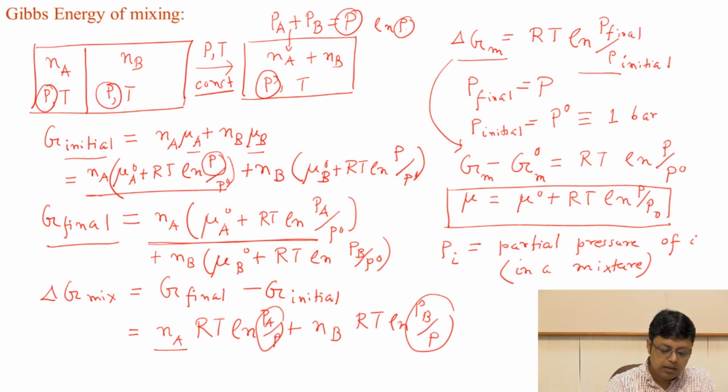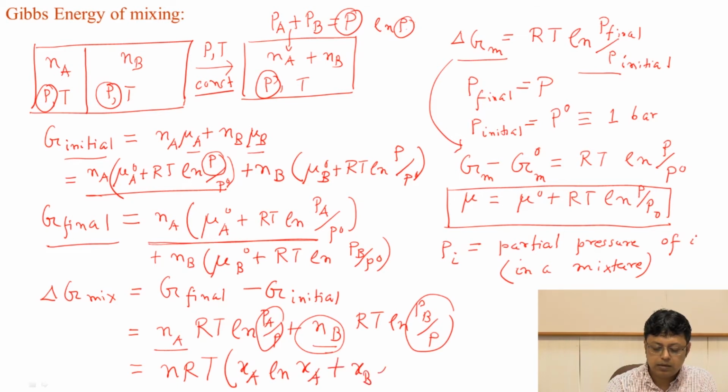Now, this Na and Nb are nothing but the moles of A and B. That also we could write as a mole fraction times the total moles, so we write it as XA into nRT, and here XB into n into RT. So that nRT we can take common, and we can write XA ln XA plus XB ln XB.